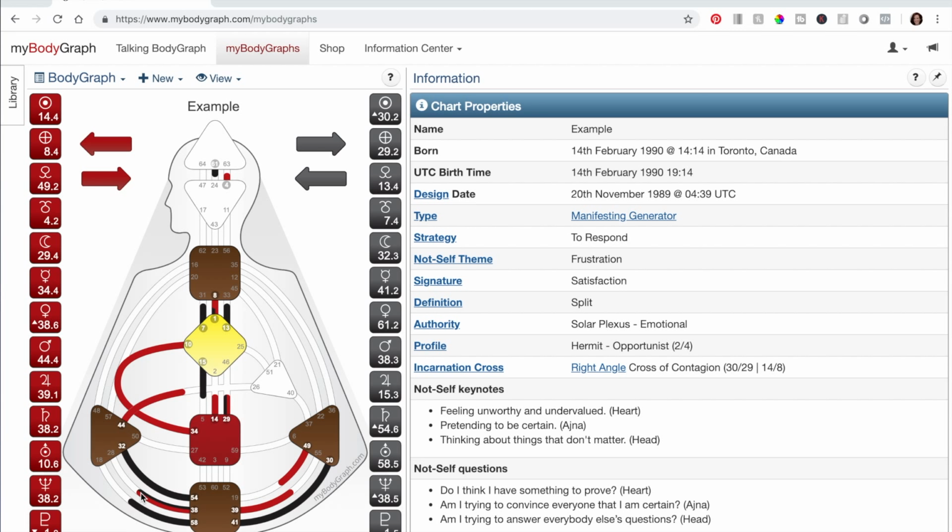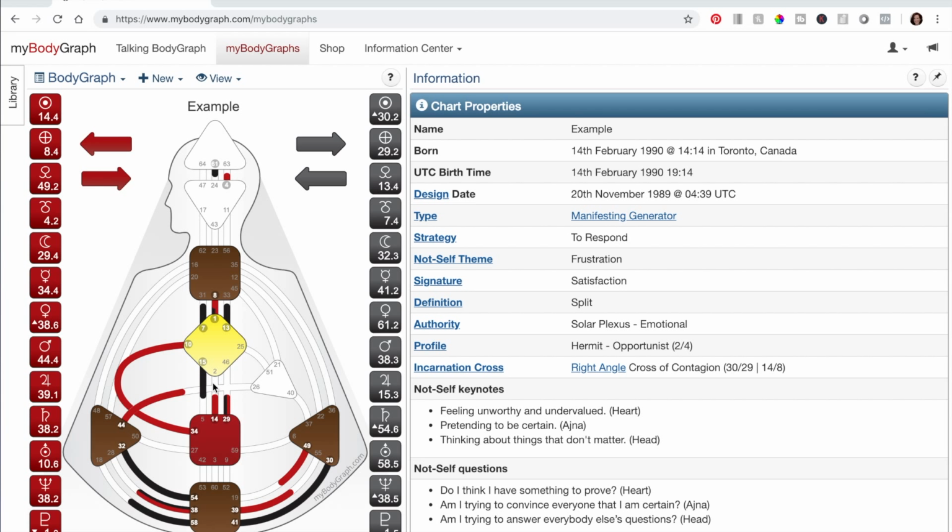And they do say that you don't want too much of a good thing. So you don't want someone you're in a relationship with to be completing every single one of your hanging gates. But you'll likely notice if you have people that you really connect with in your life and you're just like, oh, I don't know what it is, I just feel this connection. If you look at their chart compared to yours, you're probably going to see that you have some hanging gates that connect with each other, which I think is really cool.